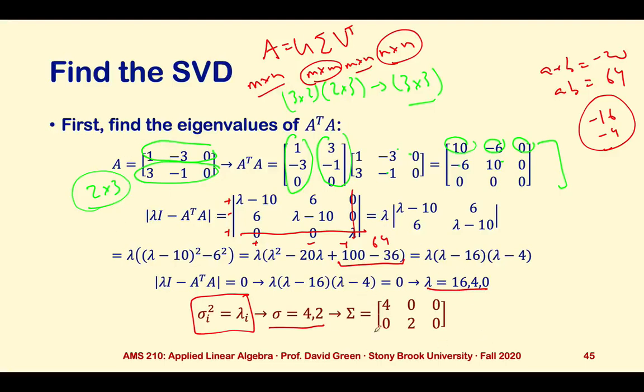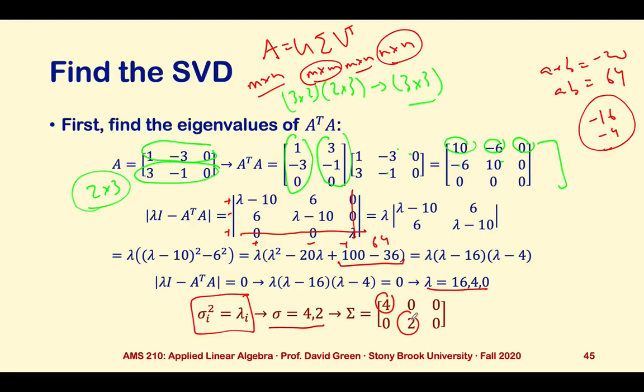Our sigma is then 2 by 3, with the non-zero singular values put as the diagonal elements in decreasing order. So 4 and 2. All right, those are the singular values.